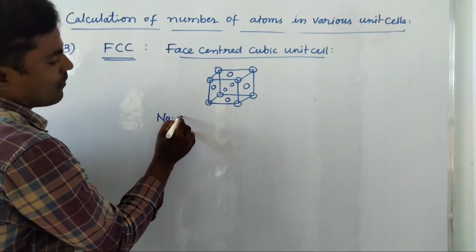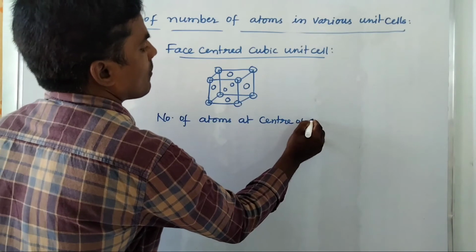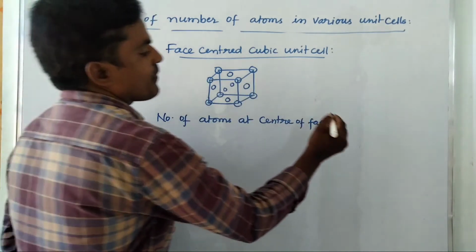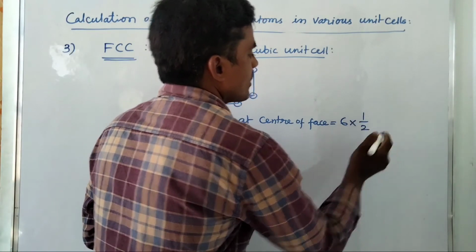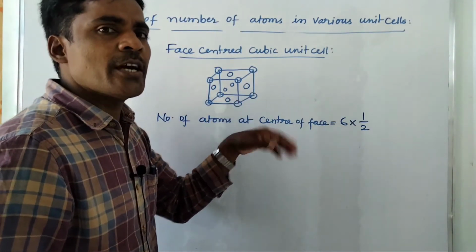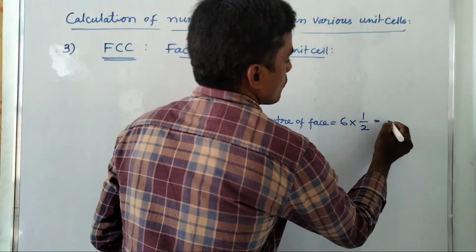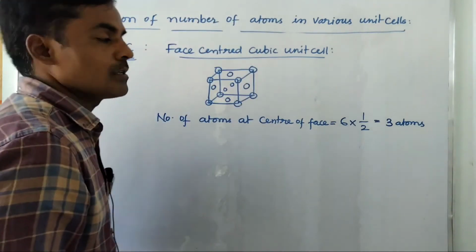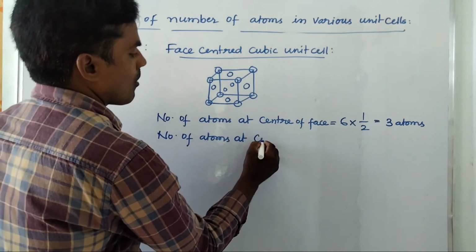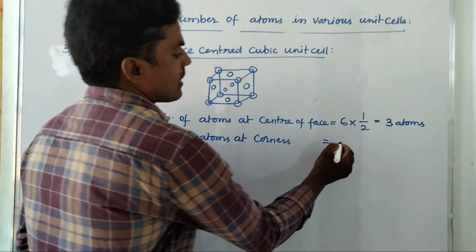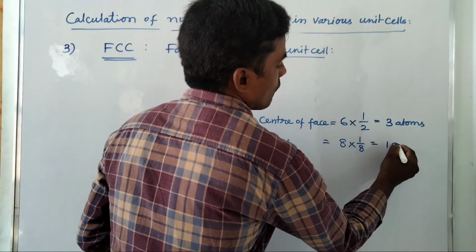So the number of atoms at the center of the faces equals 6 times the contribution of an atom at the center of a face. That is 1 by 2, because a face center atom is shared between 2 unit cells, so 6 times 1 by 2 equals 3 atoms. Then the number of atoms at corners: 8 corners, each contributing 1 by 8, equals 1 atom.